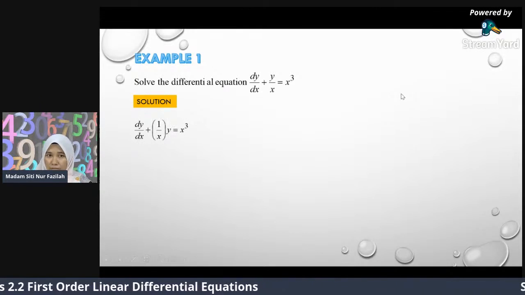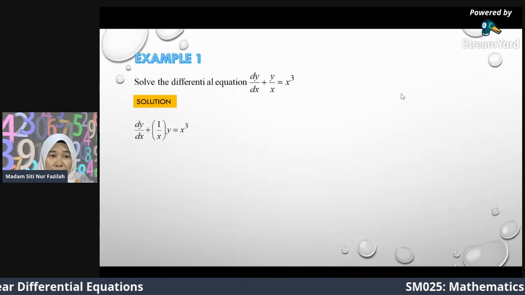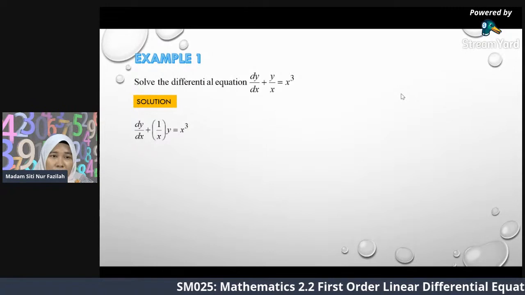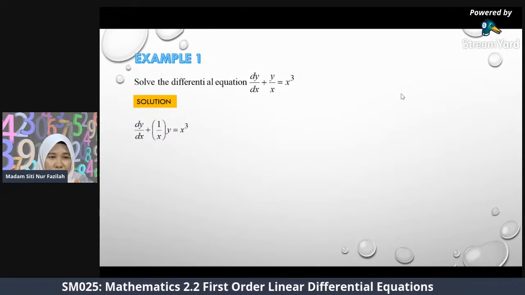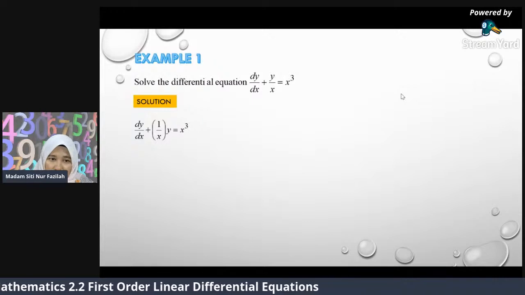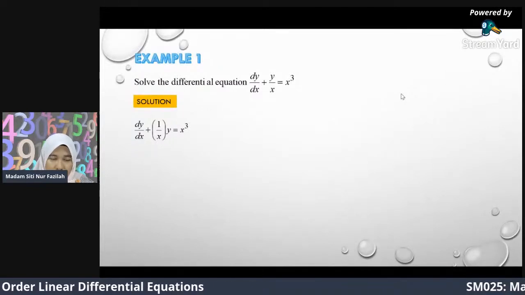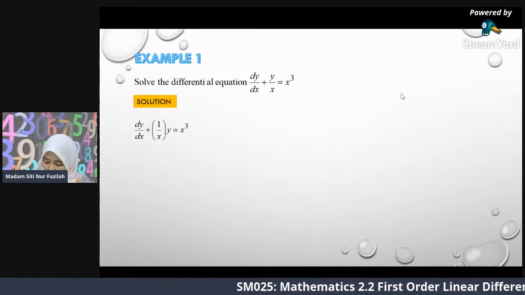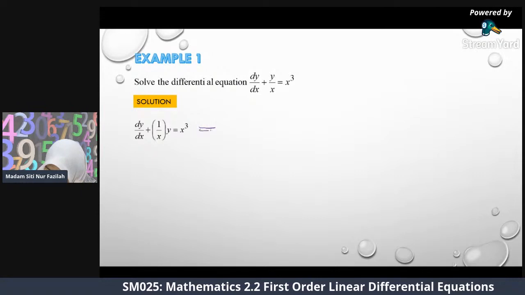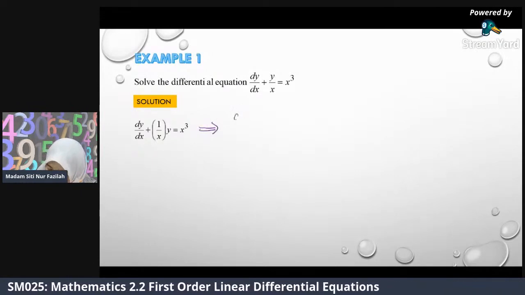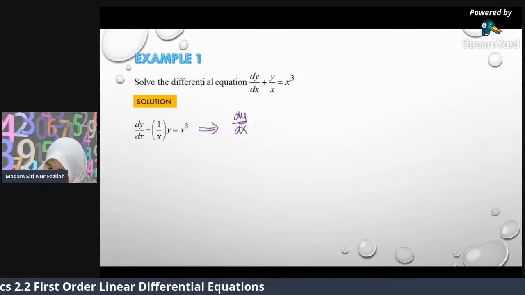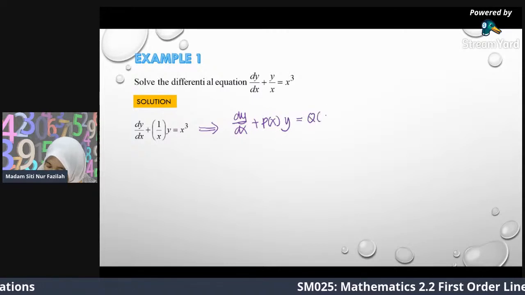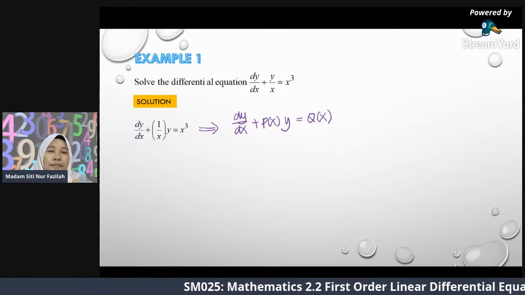First step, we need to rewrite or rearrange in standard form for a first order linear differential equation. The standard form here is dy over dx plus 1 over x y equal to x to the power of 3. The standard form is dy over dx plus function P(x) y equal to function Q(x).